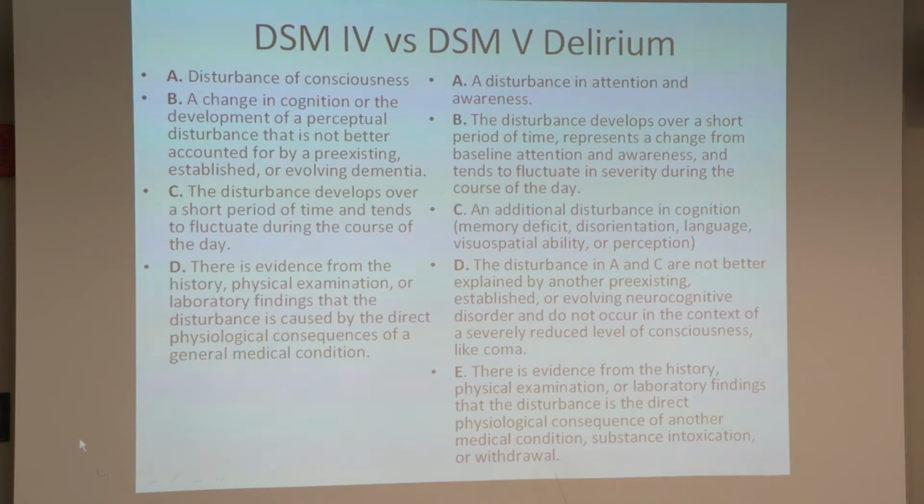I thought DSM-4 was rather clumsy with this, and DSM-5 I think is a much cleaner, more disciplined neuropsychiatric approach. So you can see that the A criteria have been expanded, and they've added C criteria for an additional disturbance in cognition.